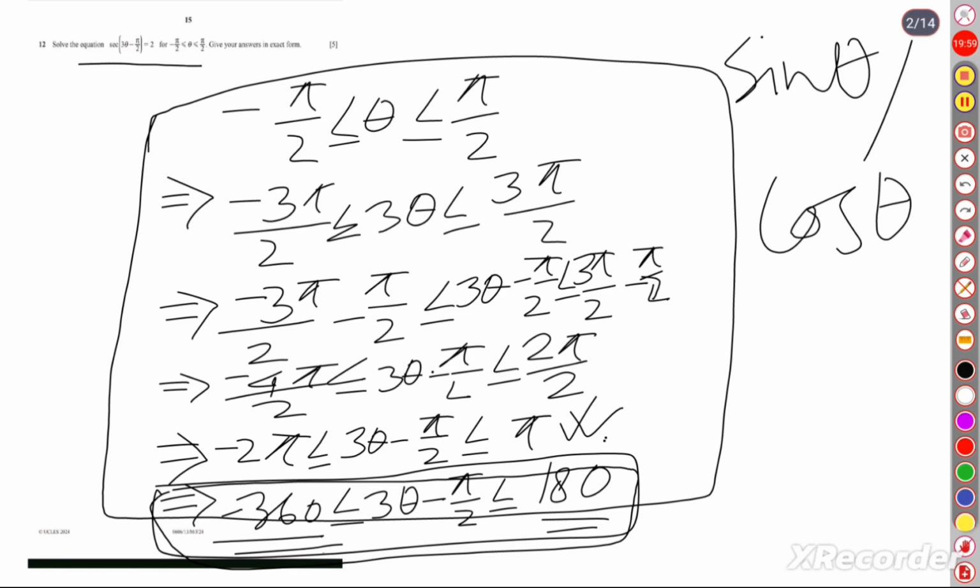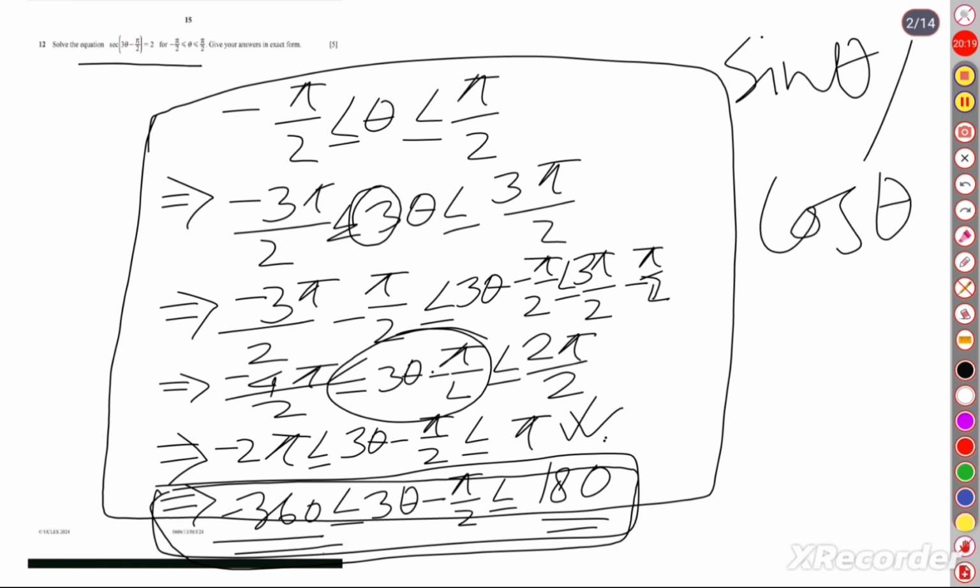In case of transformation, first of all we will multiply by the scale factor. It was 3 times theta, that's why we have multiplied all the sides by 3. Then there was a translation of pi over 2, so we have added pi over 2, I mean negative pi over 2.